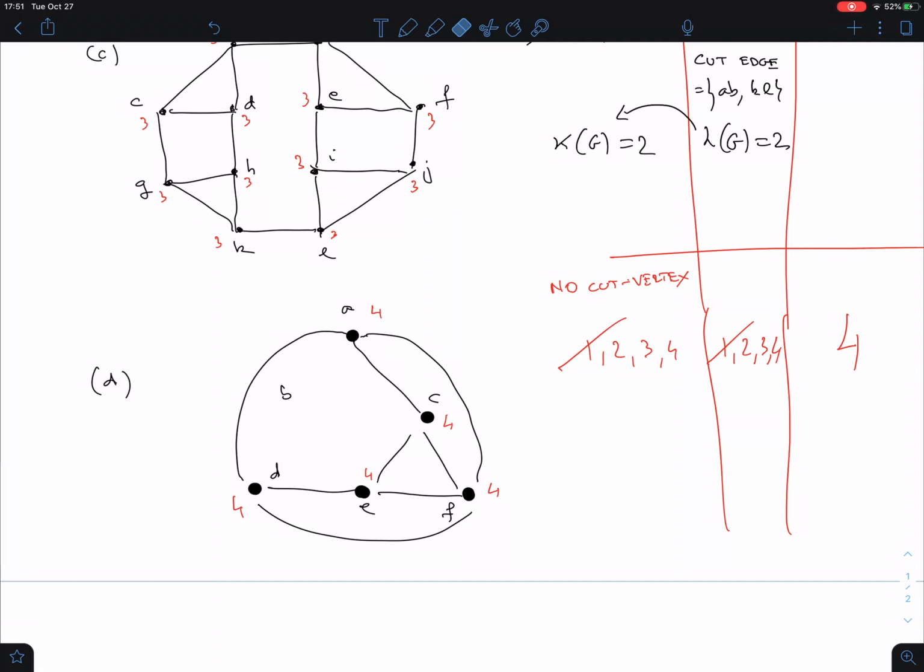Or I could remove the inner guy. That doesn't work. I could try to remove this guy, which also removes this thing, but it is still connected. And A we know is not going to be part of it already, so with this one, which also removes this one, it still doesn't disconnect.